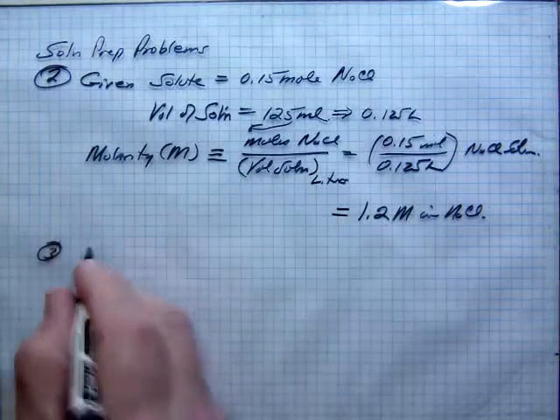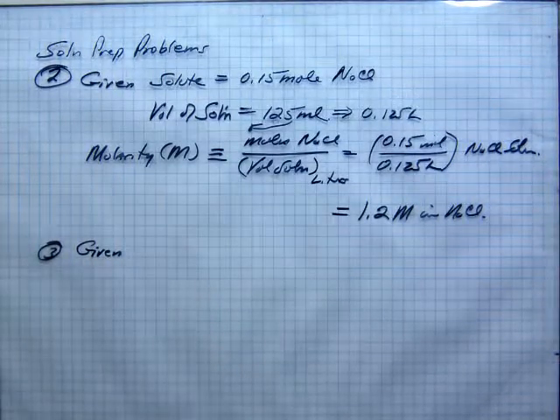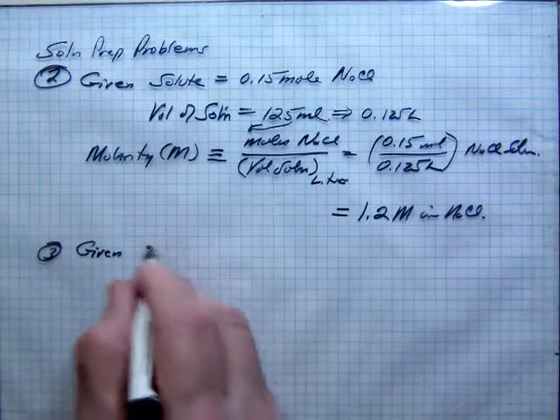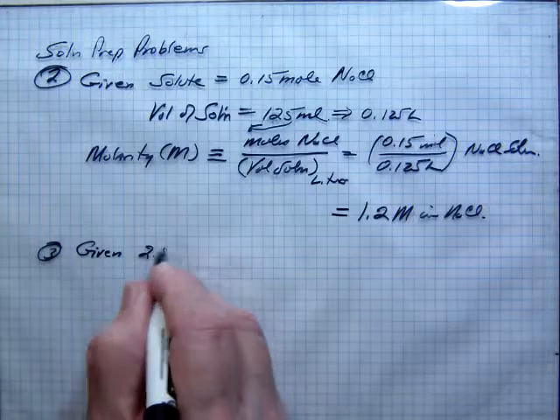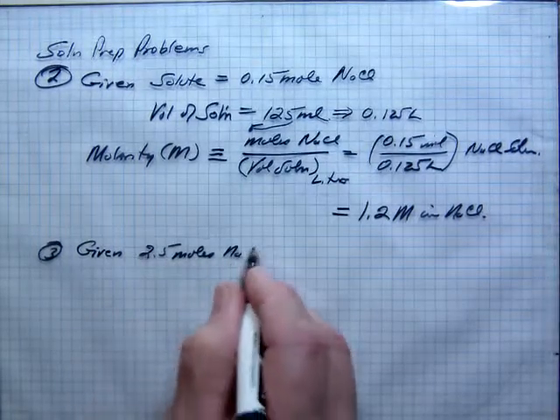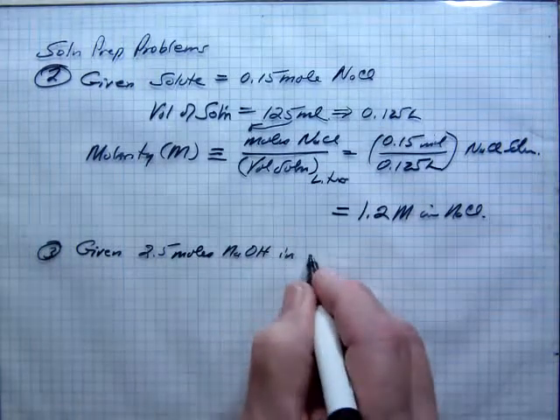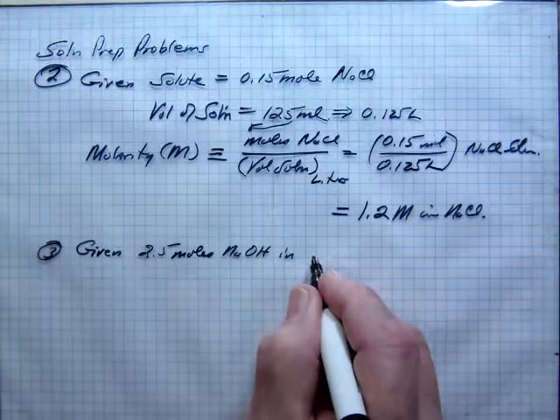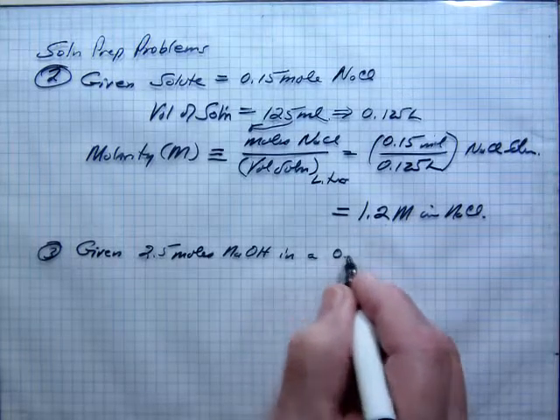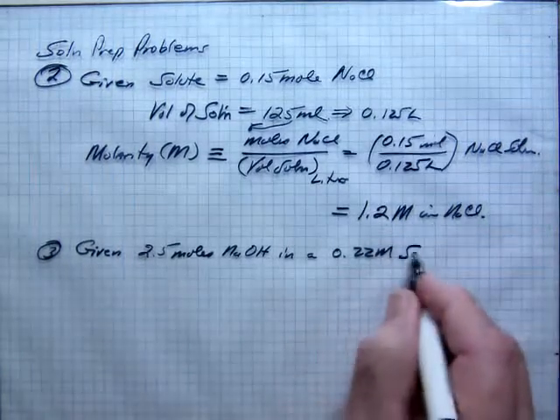So we're given 2.5 moles of sodium hydroxide in a 0.22 molar solution.